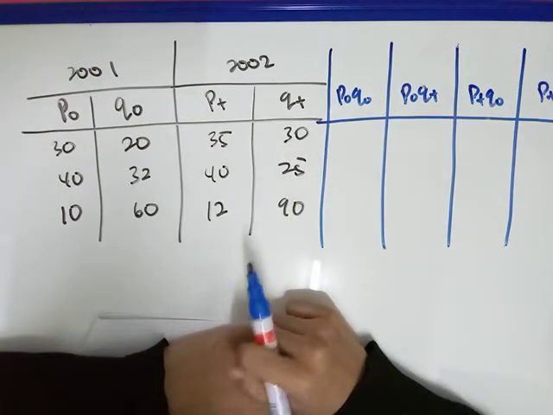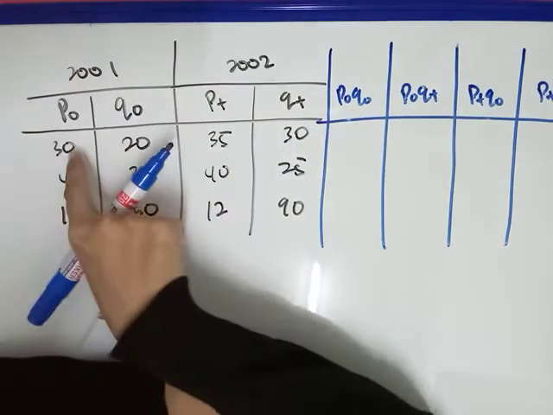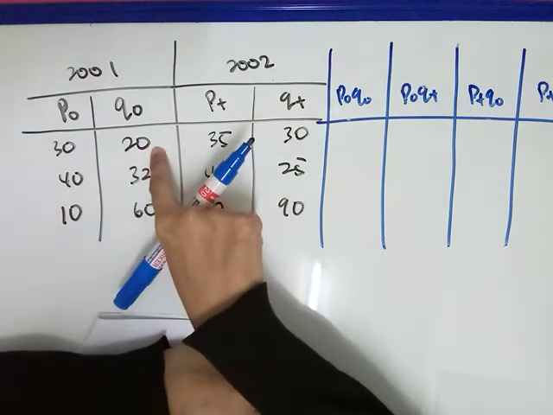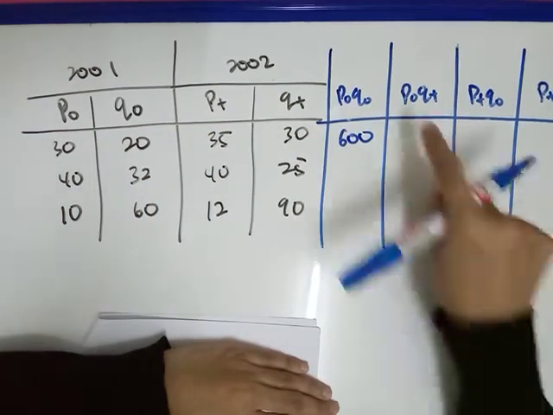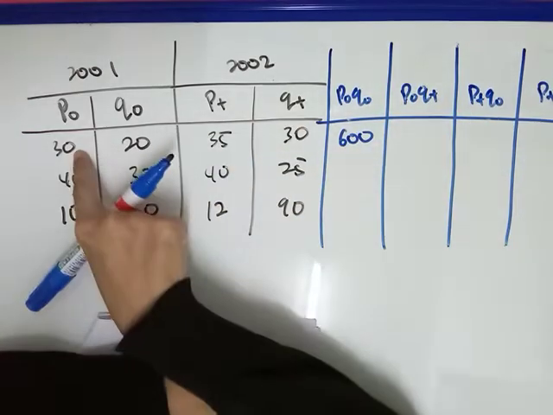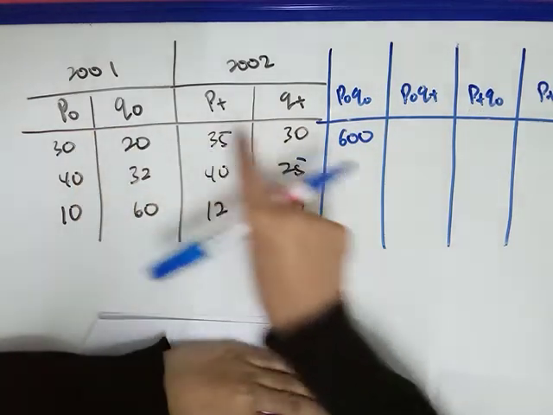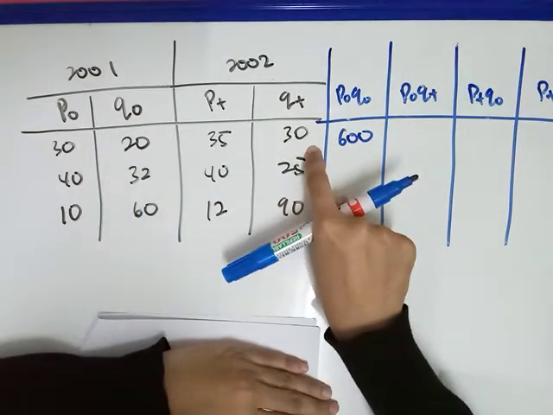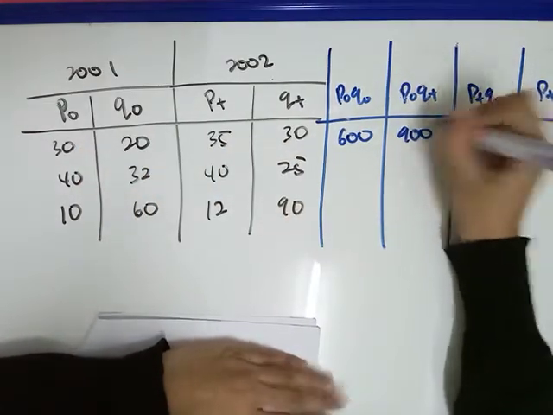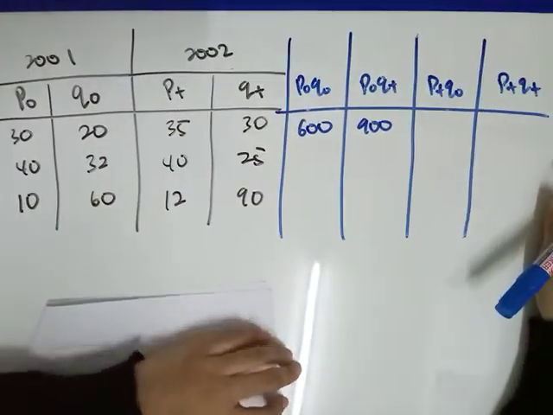Okay. So, P naught Q naught, that means 30 times 20. You will get 600. P naught times QT: P naught is 30 times QT, 30. 30 times 30, you will get 900. Okay.